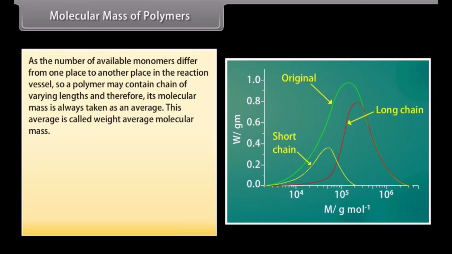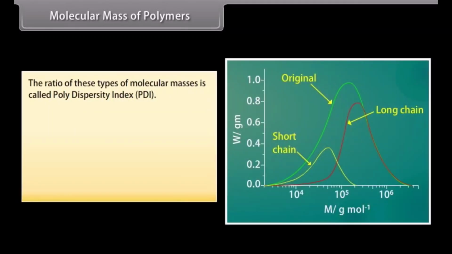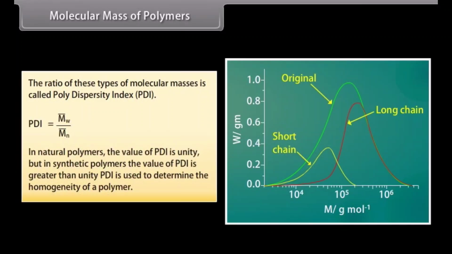This average is called weight average molecular mass. The ratio of these types of molecular masses is called polydispersity index. In natural polymers, the value of PDI is unity, but in synthetic polymers, the value of PDI is greater than unity. PDI is used to determine the homogeneity of a polymer.